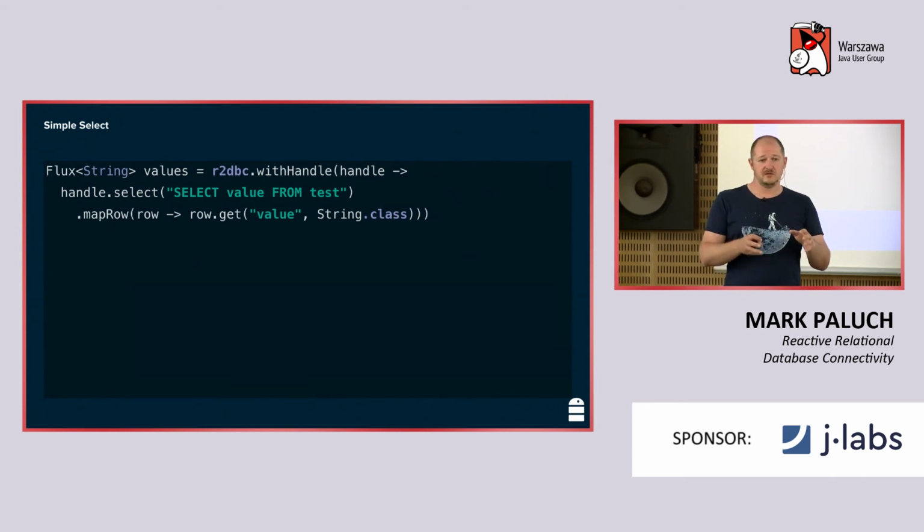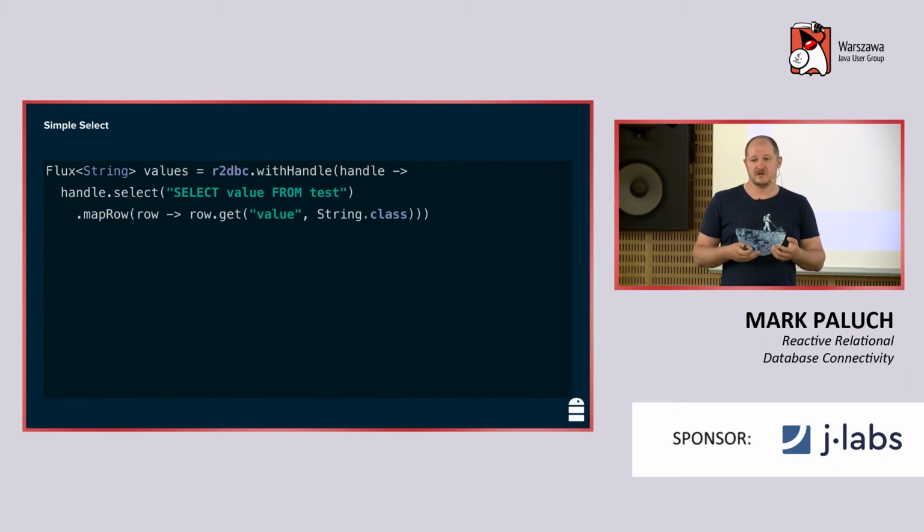I hand in a SQL string, and then afterwards I apply a mapping function to a row, because I know the SQL string and I know which values are coming out of that. So I'm interested probably in this case only in the value column, specifying also the output type, which is string, and then I end up with a flux of values.